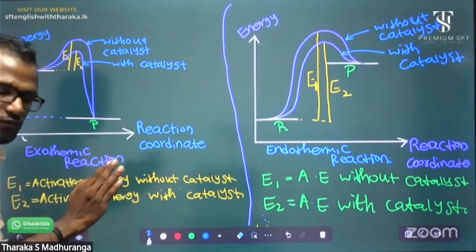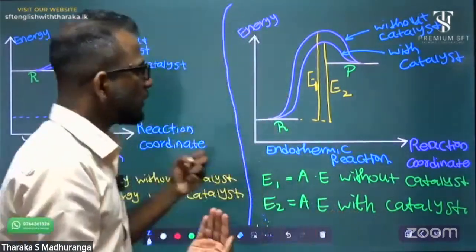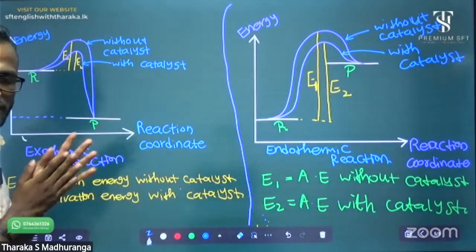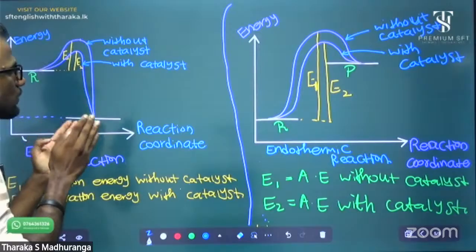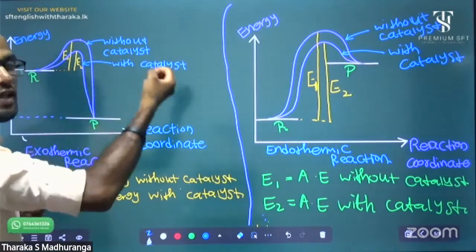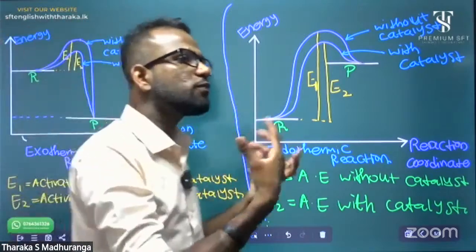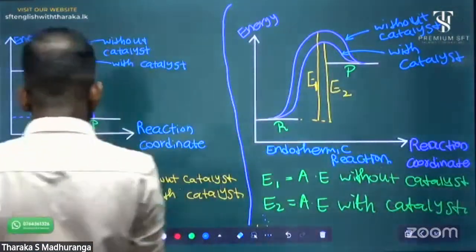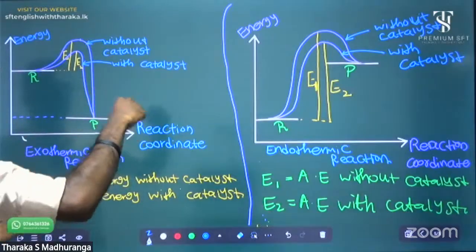When we add catalyst to any chemical reaction, it forms a new path with less activation energy. Then what happened? The number of reactant molecules exceeding the activation energy is increasing. ඒ කියන්නේ ඒ level එකට වඩා වැඩි number of molecules amount එක වැඩි වෙනවා. Right? Due to that, effective collisions increase, the rate of chemical reaction increases, right?